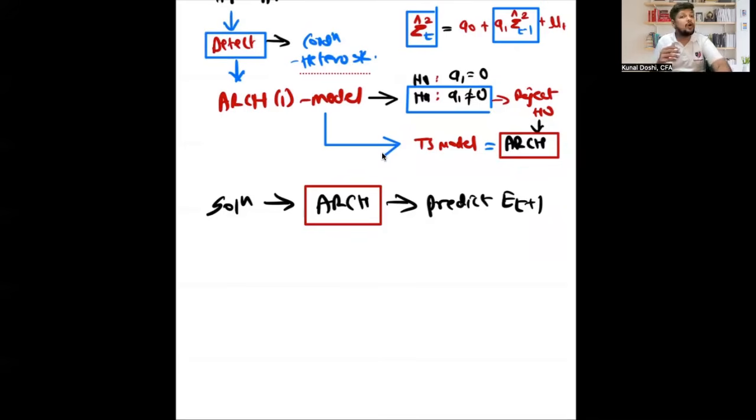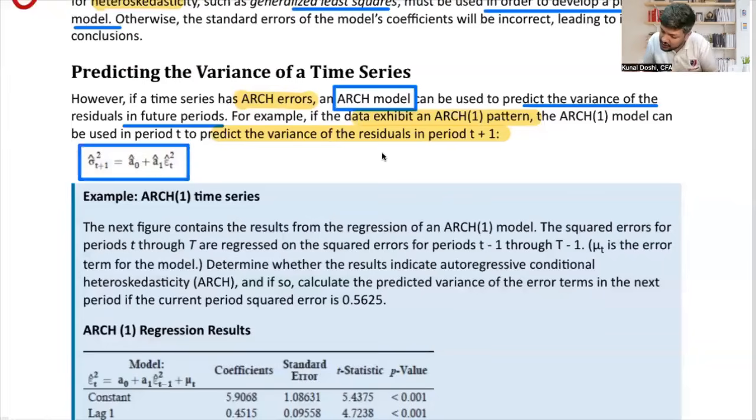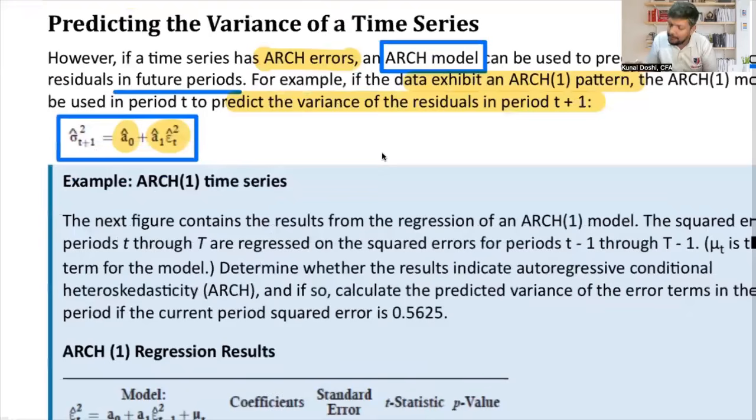Once I know that there is ARCH in it, I will predict the variance of the error for t plus 1. If you see, the variance of the next period is based on the error. So see here, conclusion, everyone.